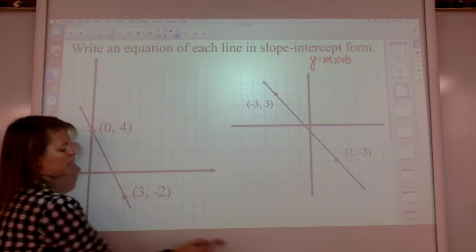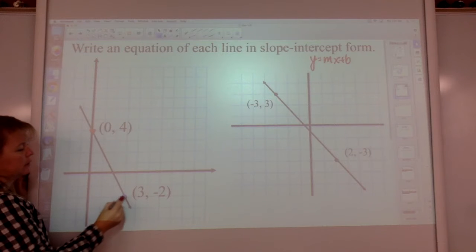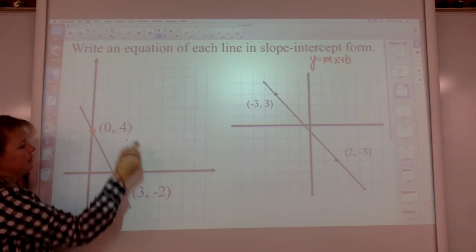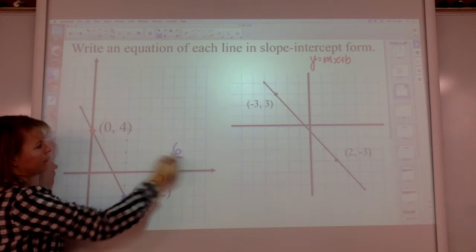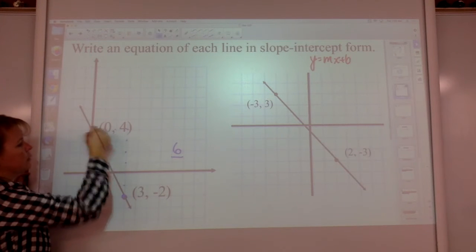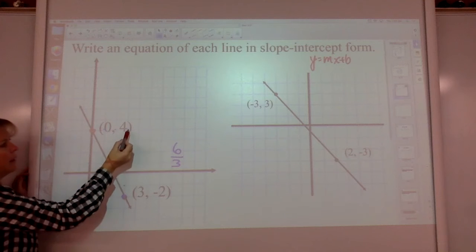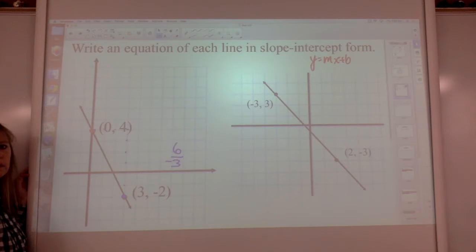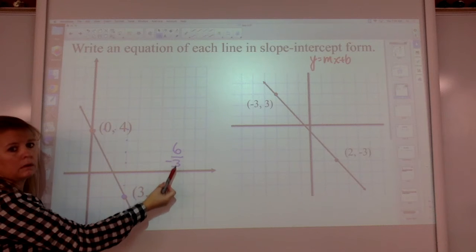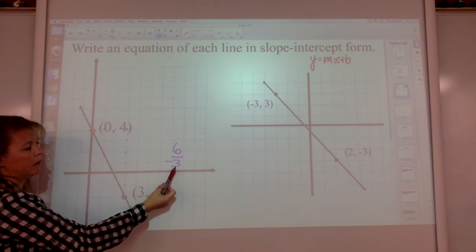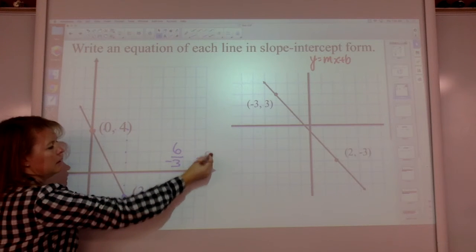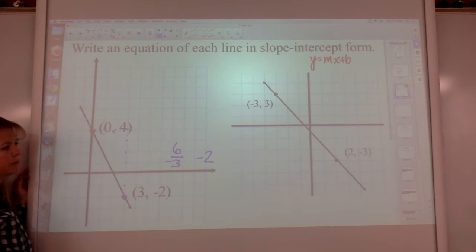Okay, and we have the option of finding slope using the formula, or because we have this nice graph, we can shortcut it as rise over run. 1, 2, 3, 4, 5, 6 is our rise. Run 1, 2, 3. But because we went left 3, we're going to have to divide it by negative 3. Don't ever leave your slope as if it's unreduced or not simplified. 6 over negative 3 reduces down to negative 2.